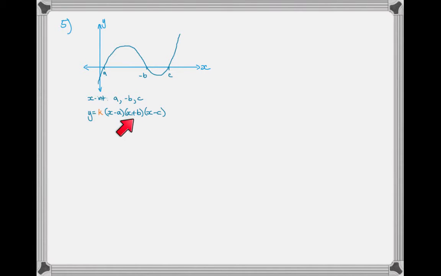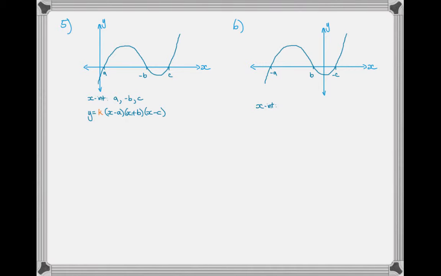And we know that that plus occurs there because in each of these cases we are writing down the opposite sign in here. So this becomes x minus a, this one becomes x minus c, so this one will be x minus negative b, or x plus b. Again, it doesn't matter whether that negative a sits on the left-hand side or the right-hand side of the y-axis.